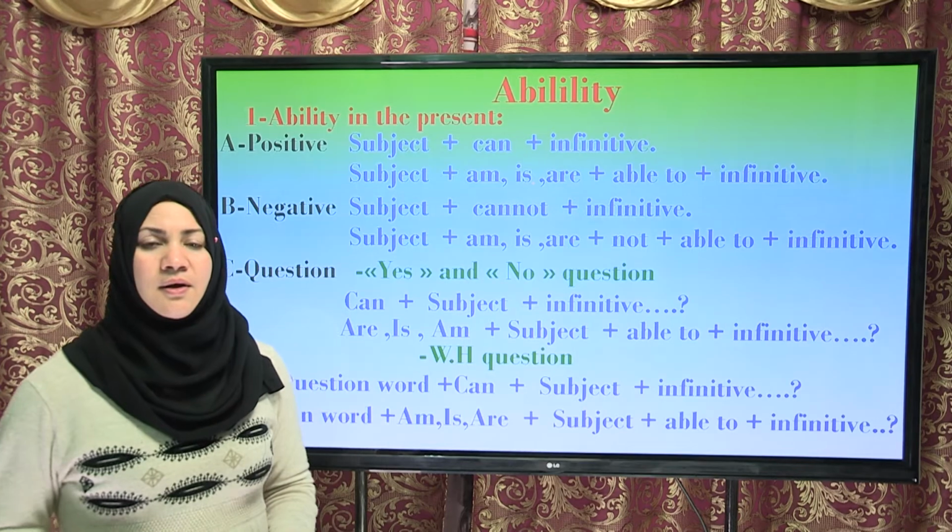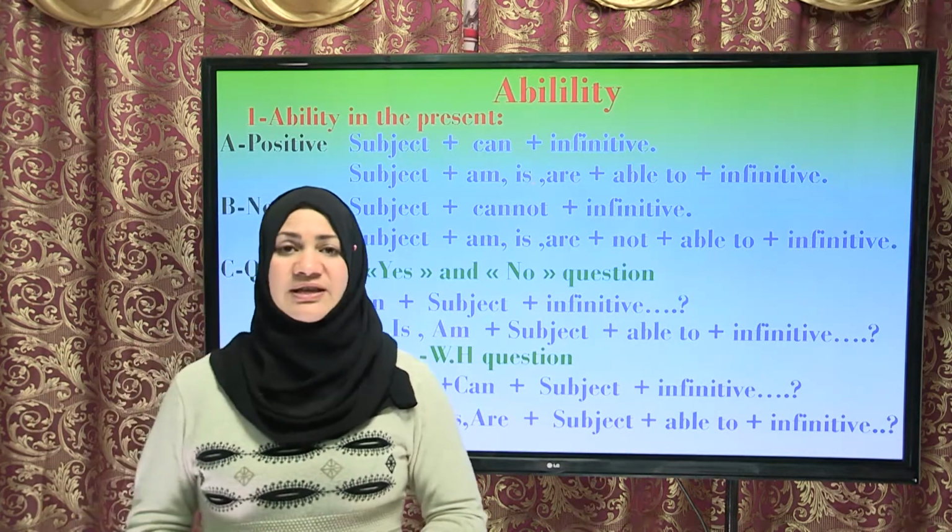And of course, with the second verb, the same thing. We always start with the question word because it is a WH question. Question word plus am, is, are, plus subject, plus able to, plus infinitive, the rest of the sentence, and question mark. After this brief explanation, let's see together some examples.